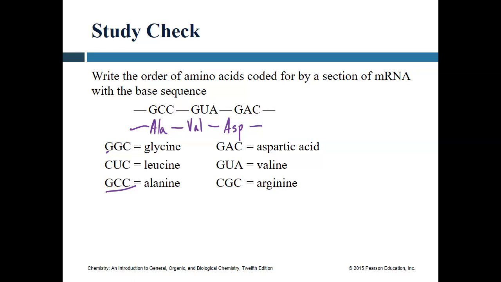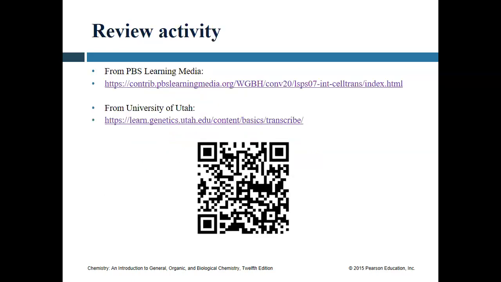So where we will pick up tomorrow is, if you usually don't bring a computer with you tomorrow, that's okay. I've got a QR code set up here so you can do it on your phone. But what we're going to look at is I'm going to show you the other animation to kind of walk us through what translation looks like, kind of in pictures as opposed to just words.